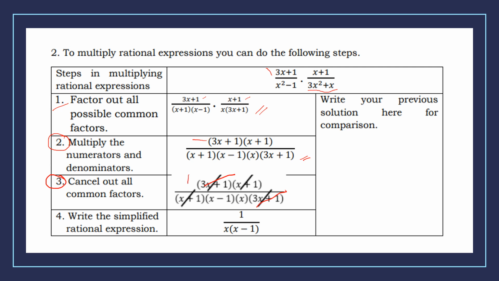Another, x plus 1 divided by x plus 1 is again 1. So what we have in the numerator is 1 times 1, which is 1. Over what's left in the denominator, x times x minus 1. This is now the simplified rational expression.